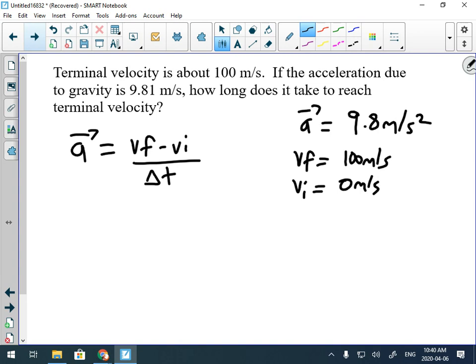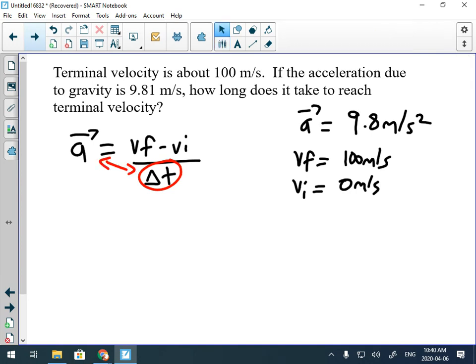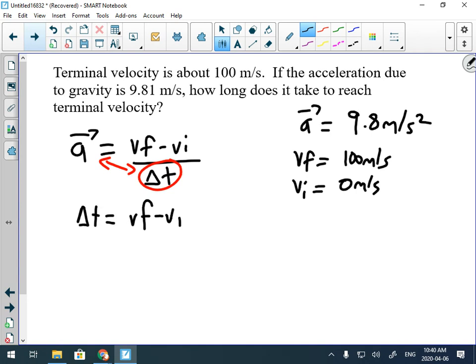So we need to rearrange for the time variable. And if you remember, if you have something on the bottom, you can just do a little switchy thing to get time by itself. So time goes right there, and acceleration goes on the bottom. See how I switched time and acceleration around?